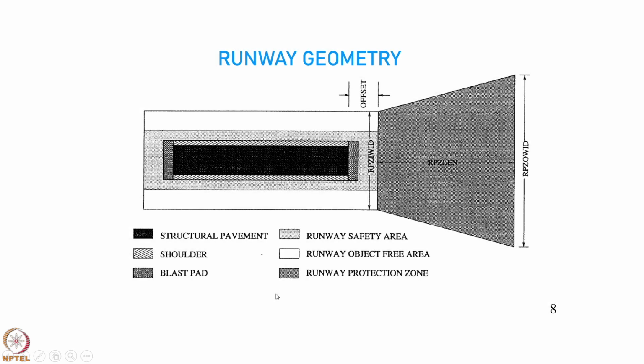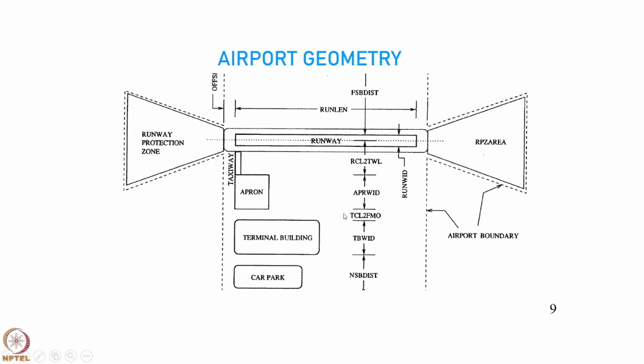Let's have a look at the runway geometry. Okay. We all know by now we have done a study of the design of the airport. We noticed that we need all these parameters, the pavement, shoulder, etc. So one can easily calculate these numbers. These are all based on the ICAO and FAA regulations. Okay.